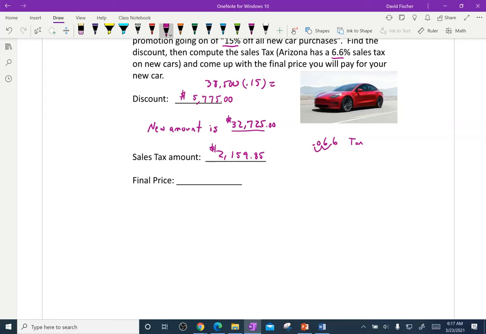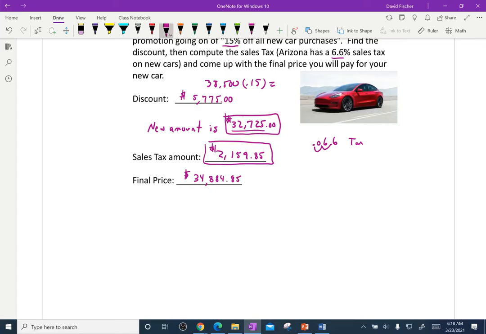So now let's find out our total price that they're going to charge us for this car. This was the sales price that we're going to pay, and now we have to pay this much in sales tax. So we want to add those two together. And I'm coming up with a final sales price of $34,884.85.